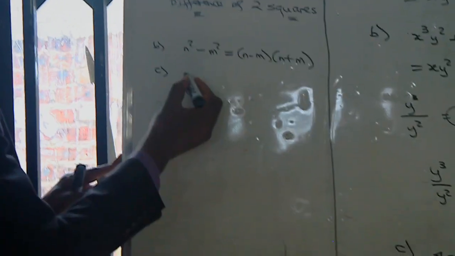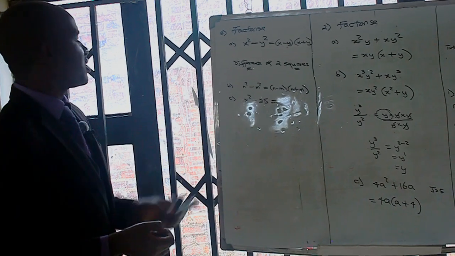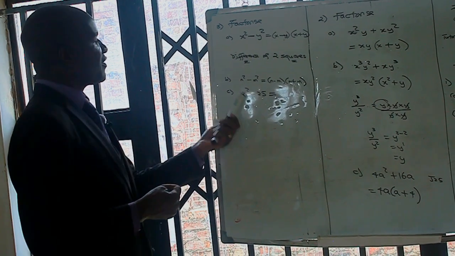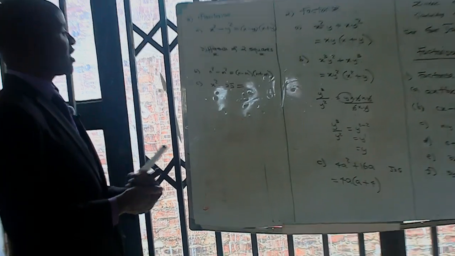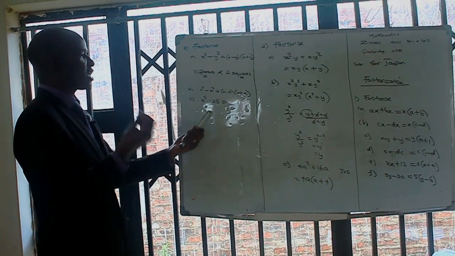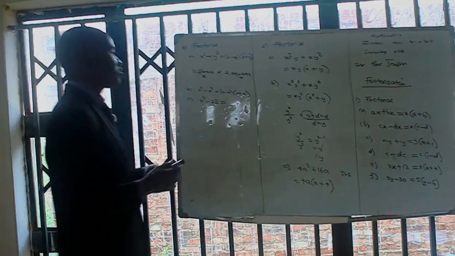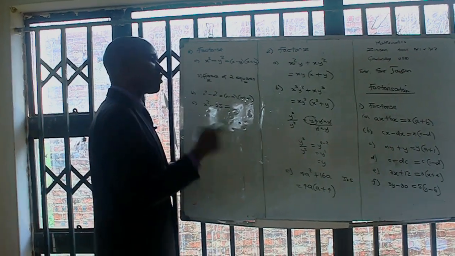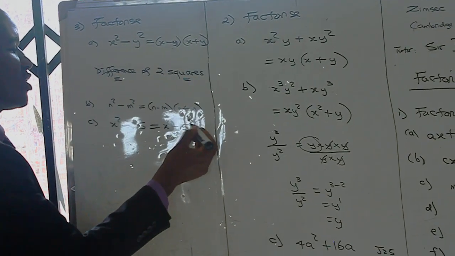Then we have example C, x squared minus 25. Difference of two squares is suggested here, but we have to first write 25 as a square. Which number do we square to get 25? What is the square root of 25? 5. So this is x squared minus 5 squared.